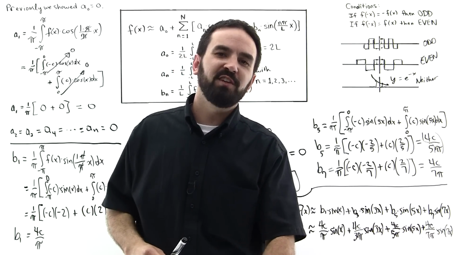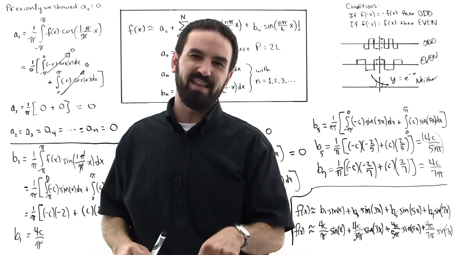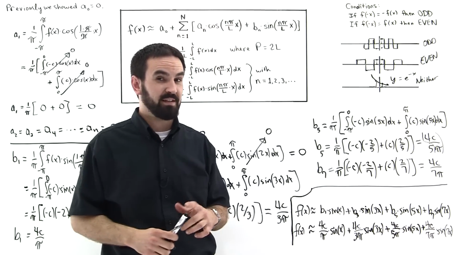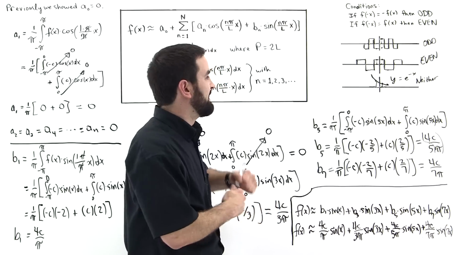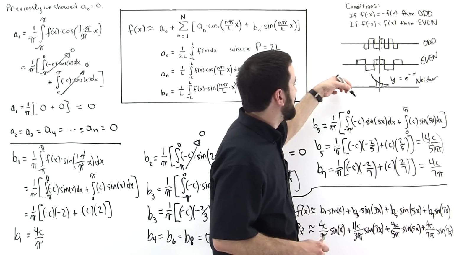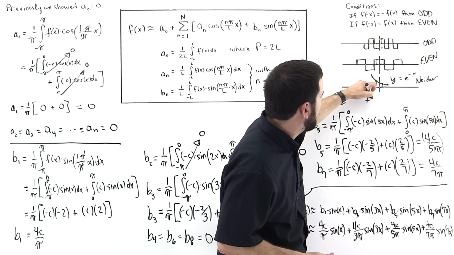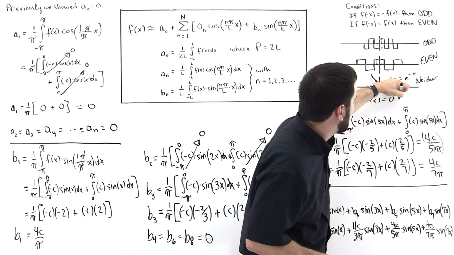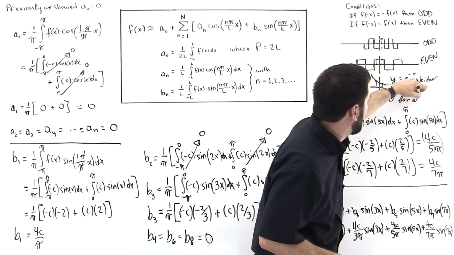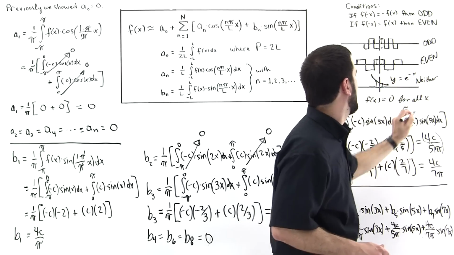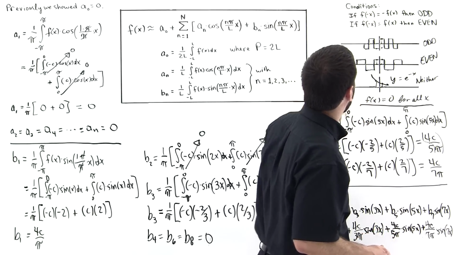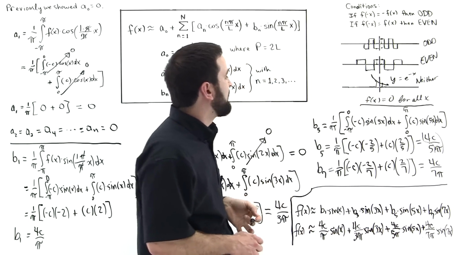What about a function that is both odd and even? Can you think of one? That's a difficult one. That's a tough one. So what about this? I'm going to write it down analytically. What about f of x is equal to 0 for all x? Because look, let's use our test.